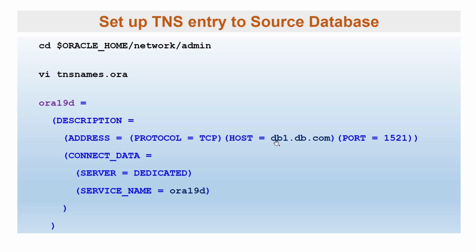Then the host, the same server where you are going to do the restore, the port, which is the database port, and the service name aura19d, which is your source database. So you create your TNS entry in tnsnames.ora under Oracle Home Network Admin.